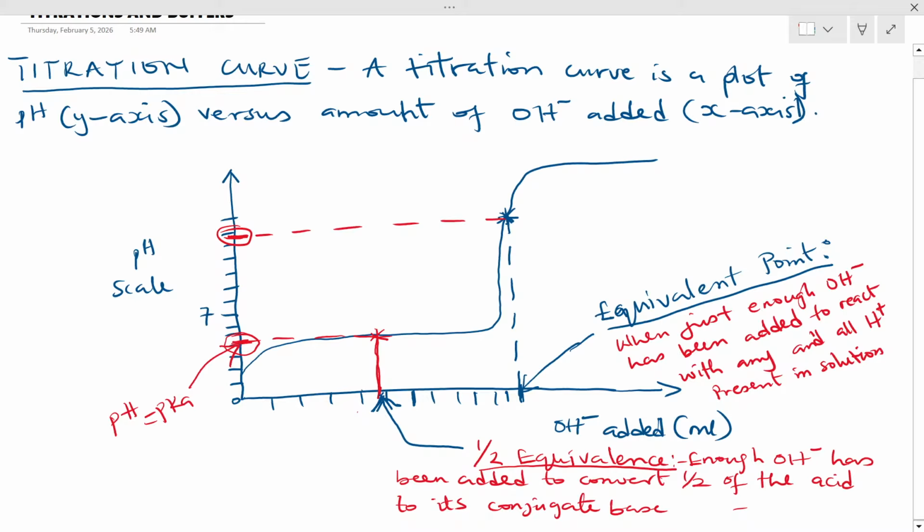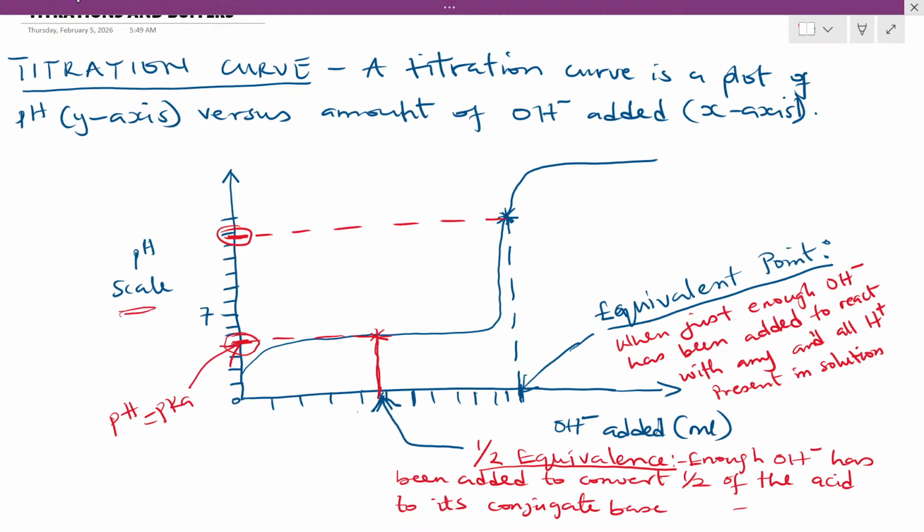Recall your titration curve. You have your y-axis as your pH scale, and you have your x-axis as your what? OH minus added. So when you have this OH minus added as your x-axis, you begin to add.